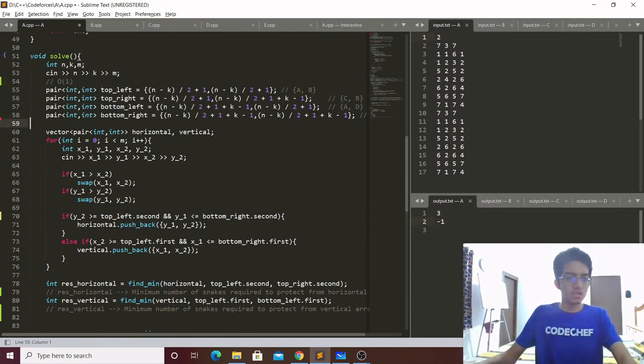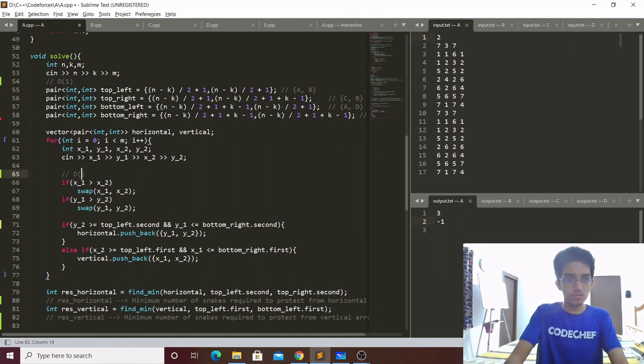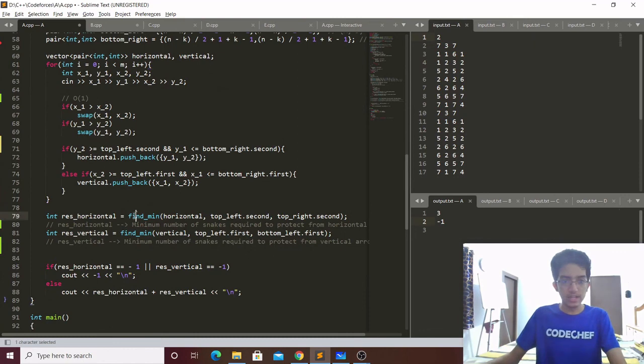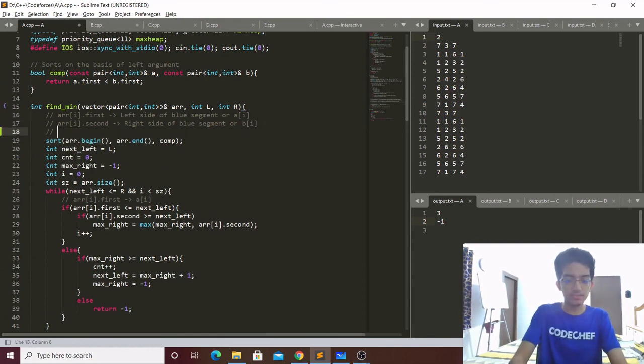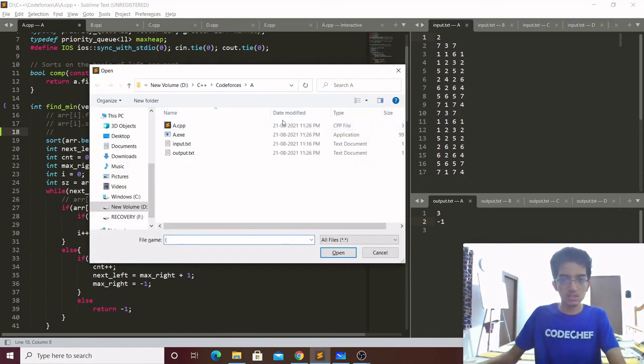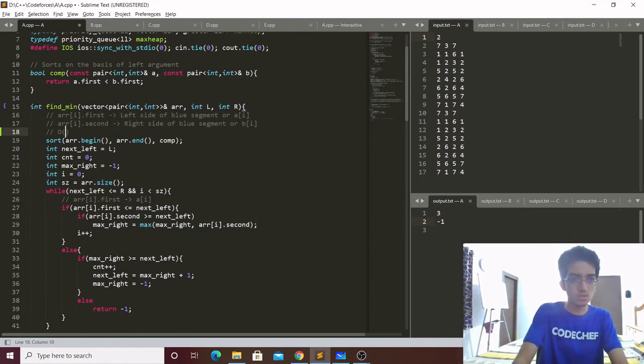Now swapping also takes O of 1 time complexity, that is, it takes constant time to swap two numbers. Pushing into the array also takes constant time. Now let's look at the find min function. For the find min function, we are first sorting the array. So this takes O of n log n, where n is the size of the array.